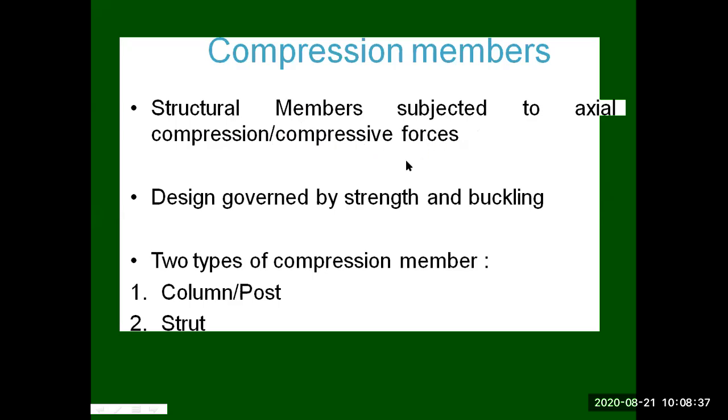In tension member, what we have seen, the member is pulled by the tensile force. That is nothing but the tensile member. But here the compression member is subjected to axial force or axial compression. So here we have written the definition: the structural member subjected to axial compression.